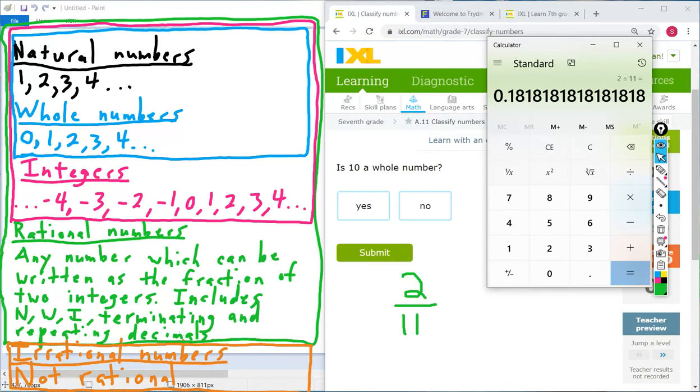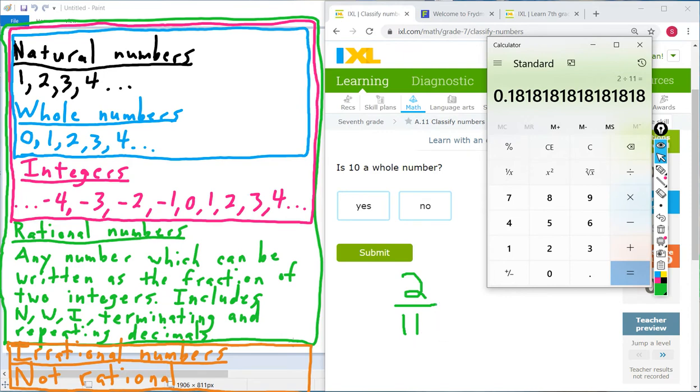And in fact, any repeating decimal, I can go the other way, right? Here I started with a fraction and I turned it into a decimal, but I can go the other way and I can say this is true, that any repeating decimal can be written as the fraction of 2 integers.